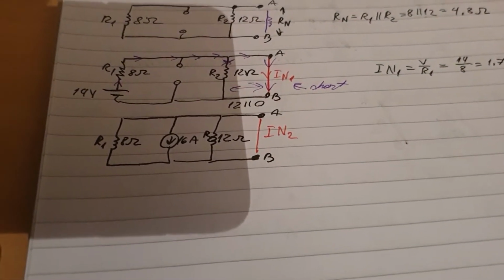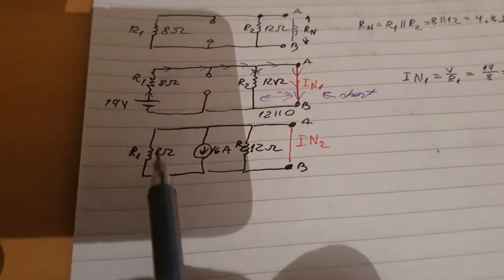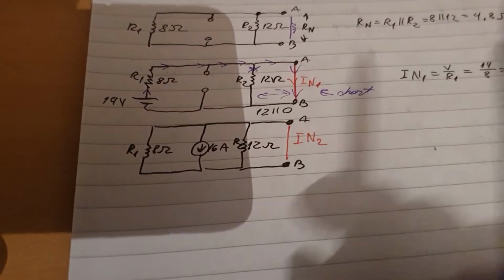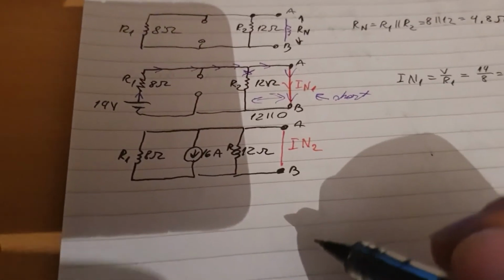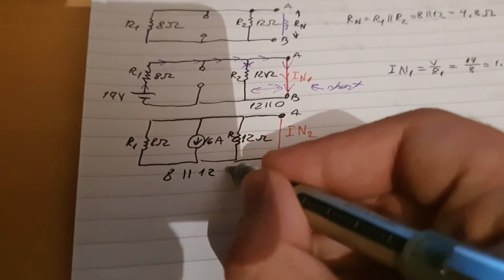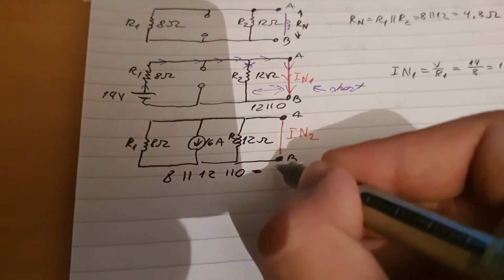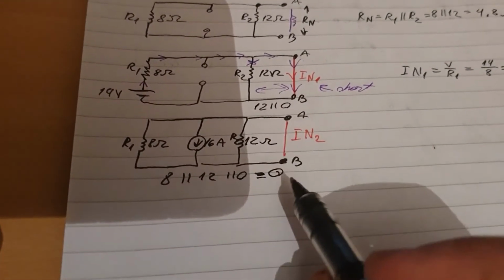Now here is the interesting part. All three of them are in parallel, yes? Well, this will prove to be a problem because 8 in parallel with 12 in parallel with 0 is still equal to 0. There is still 0 resistance in total.